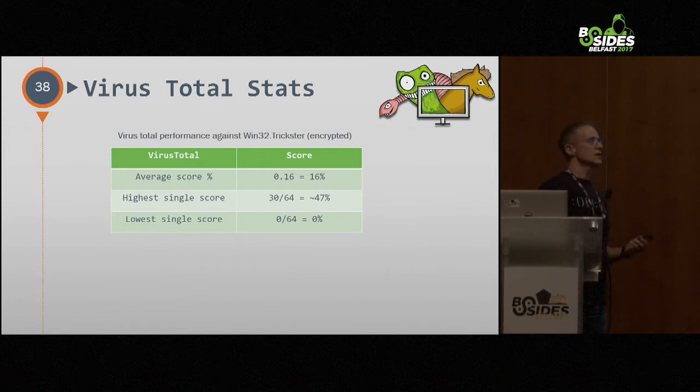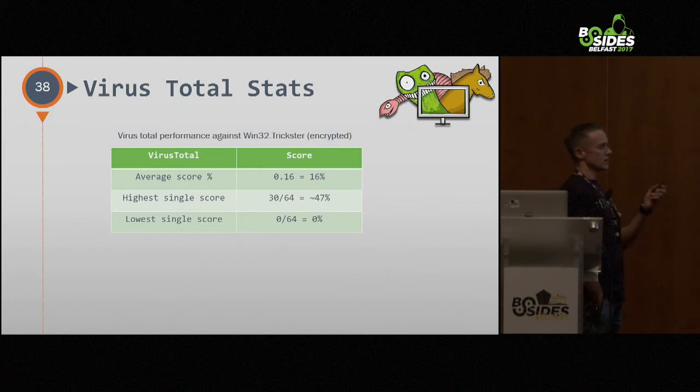For each of the variants that were uploaded, this is a score of what actually came back as Trickster. It varies from 0 up to 30 was the highest, 30 out of 64 antiviruses that actually identified it as Trickster.